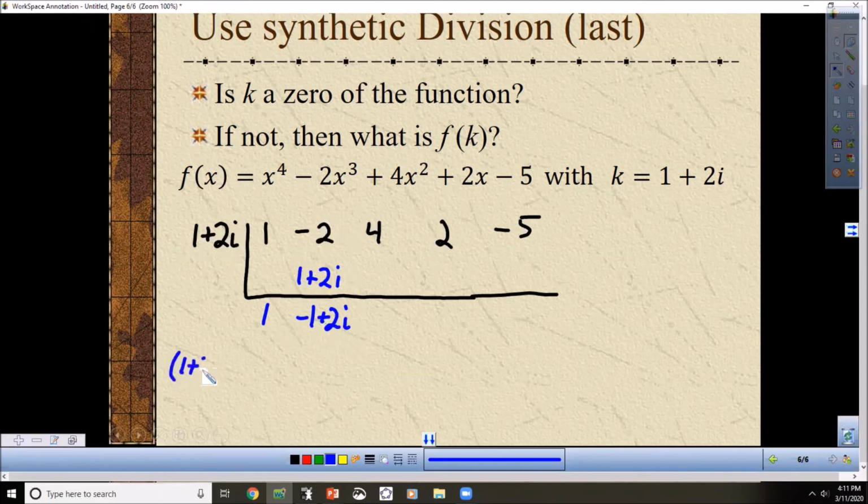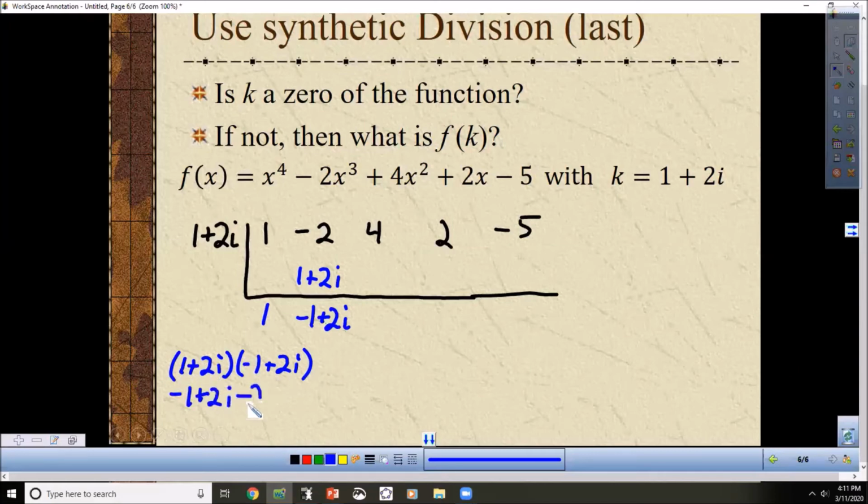Oh, now I've got to multiply 1 plus 2i times -1 plus 2i. All right, let me quickly do the FOIL here. Some of you may be able to do this in your head, but just to make it very explicit, we're going to FOIL these out. First times first, -1. Outsides, positive 2i. Insides, -2i. Last times last, positive 4i squared.